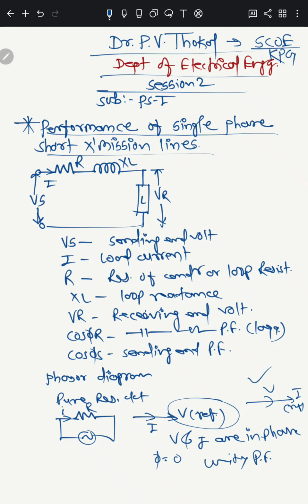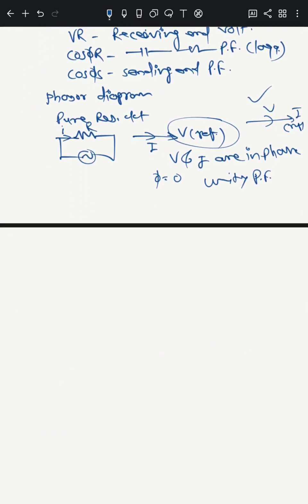Sometimes we take voltage as a reference, and sometimes current. In this particular case, we must draw the vector diagram considering the current as the reference vector.